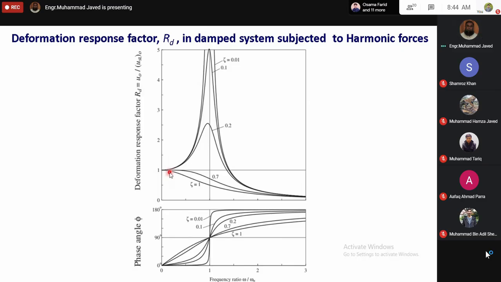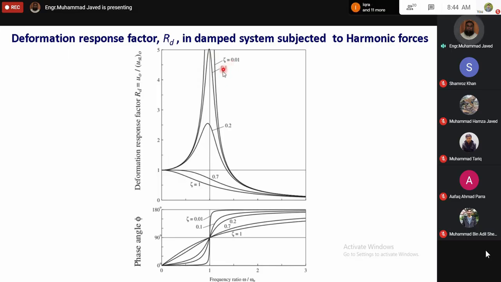However, when the frequency ratio increases, then you can see deformation response factors start increasing. And at resonance, it have peak values. And you can see that the peak value of RD, which is at resonance, depends upon damping ratio.